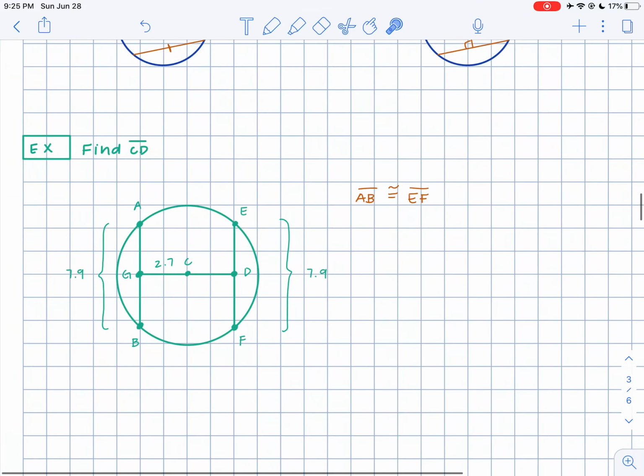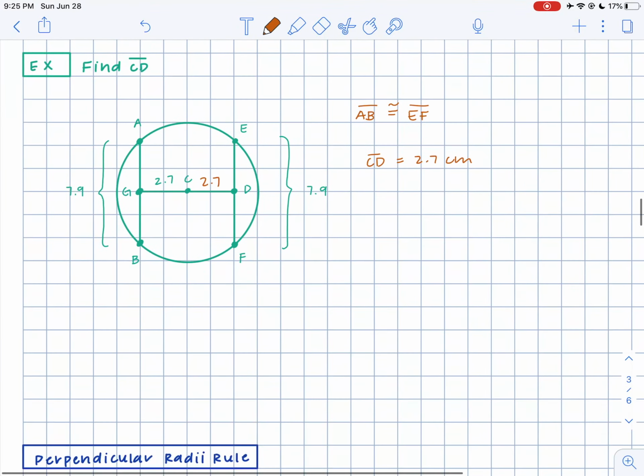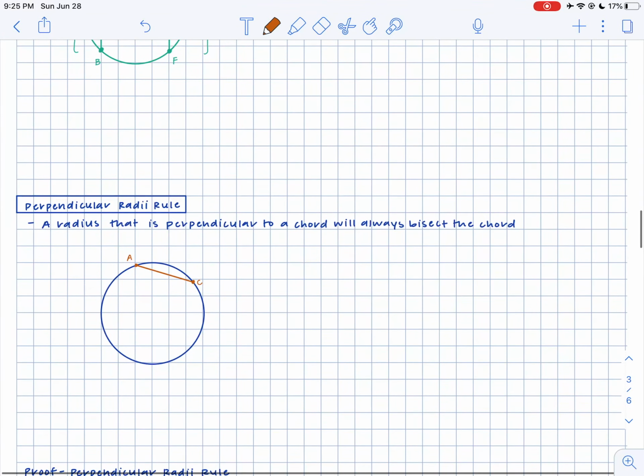According to the converse of the congruent chord rule, since these two chords are congruent, we can conclude that the two chords are the same distance from the center. What does that mean? If this chord is 2.7 centimeters from the center, then this chord is also 2.7 centimeters from the center. So what is CD? CD is equal to 2.7, and we're going to say centimeters. So we found CD, so we're done.